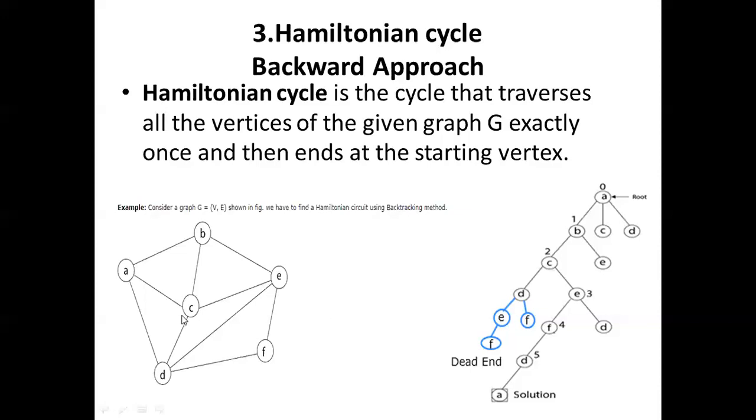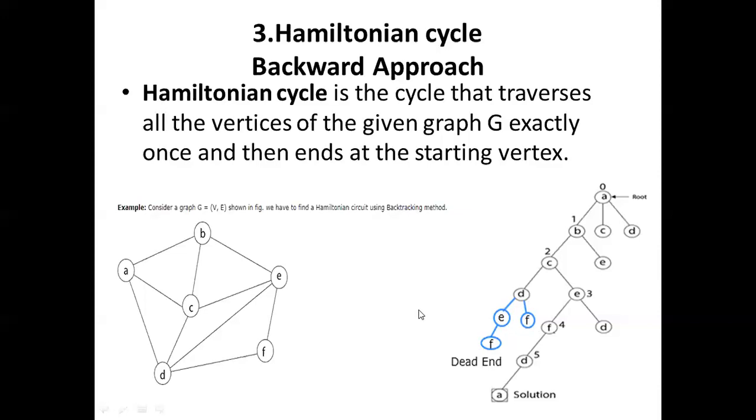From C, there is a connection to D. For D, which are the neighbors? One is A, one is C, one is F, one is E. But C and A I do not want to worry about because they are there in that particular path. Same path it is there. Through this path only I reached D. That means I visited A, B and C. I do not want to worry. What are the remaining?